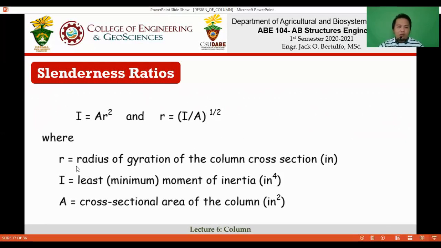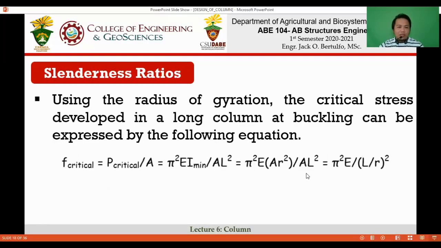I think you're familiar with the radius of gyration because it's from dynamics. Okay, so we have this formula. Just derive the formula for the radius of gyration, and using that formula, we will substitute it.